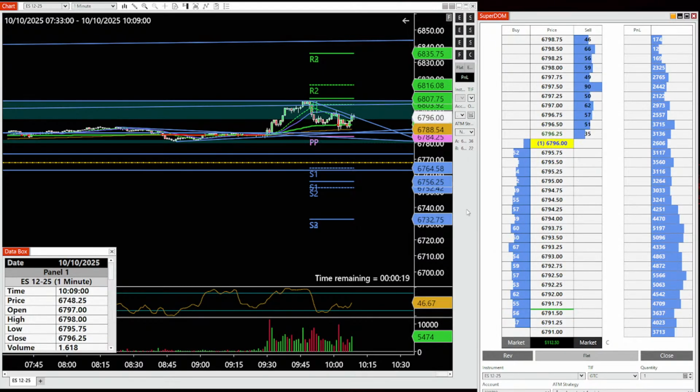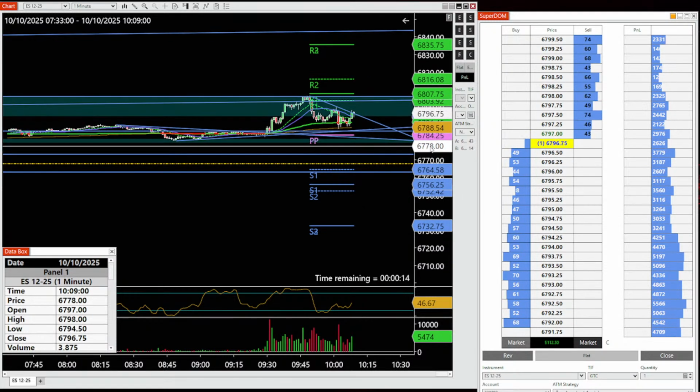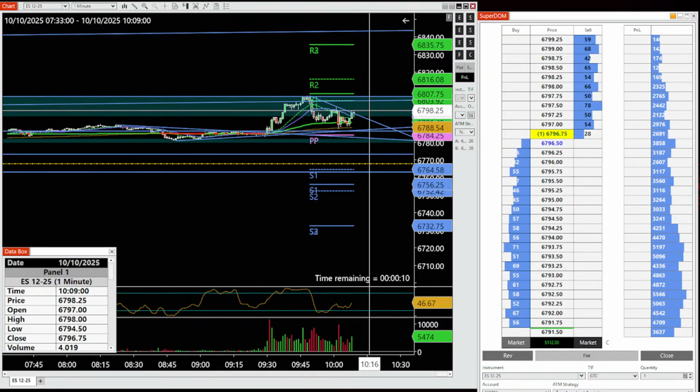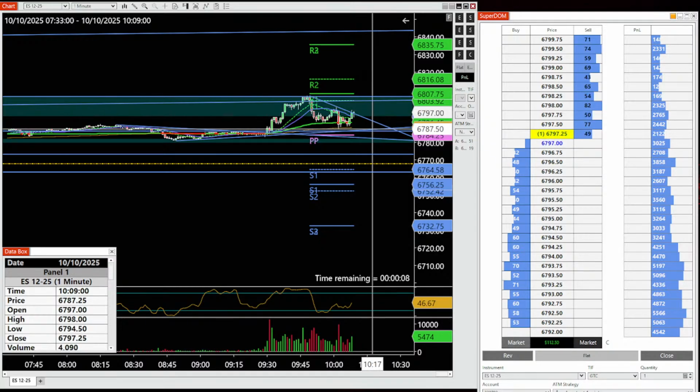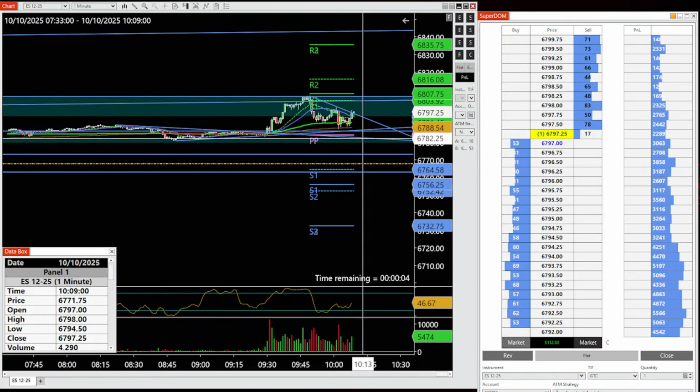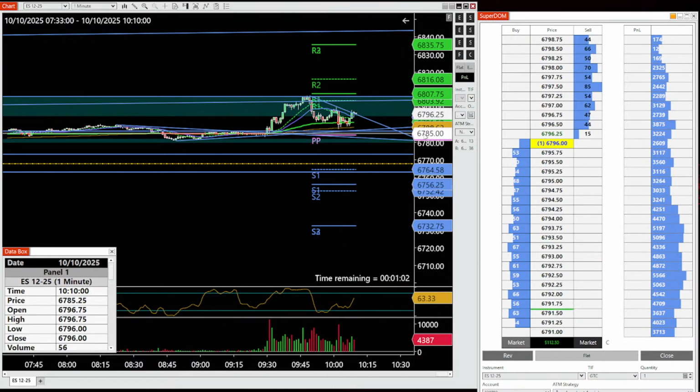Still in this 94, 95, 97 area where I showed earlier that there's a lot of resistance at those points. 94, 92, 94, 97 to get through this area.